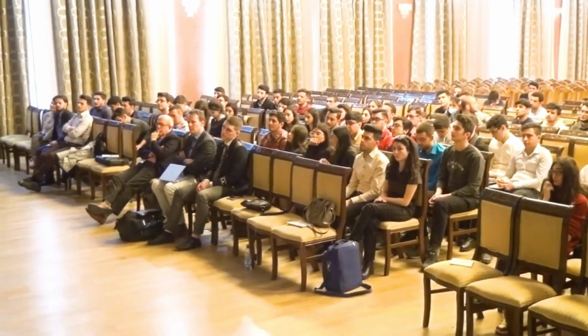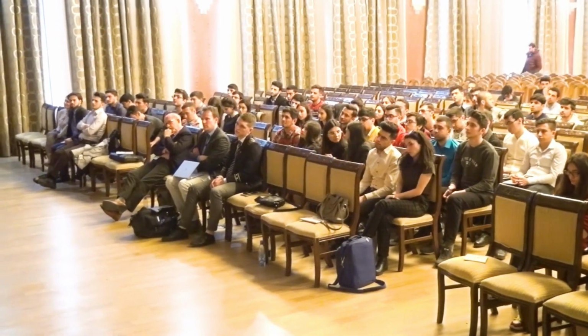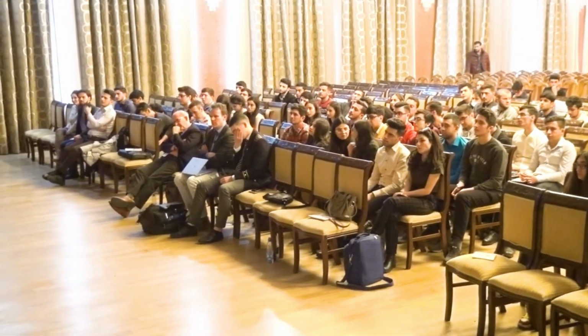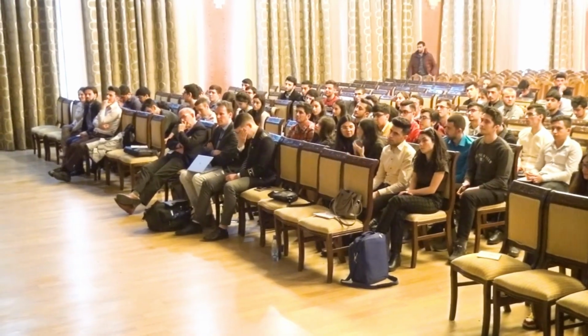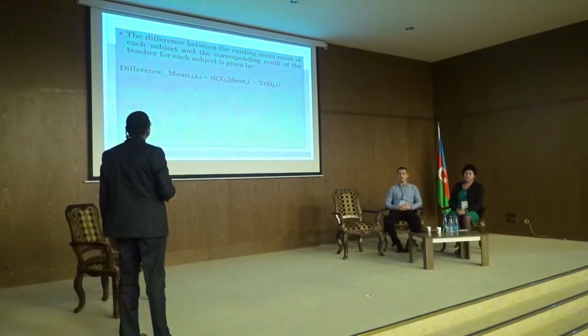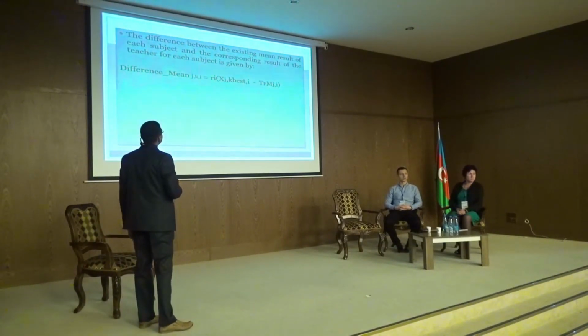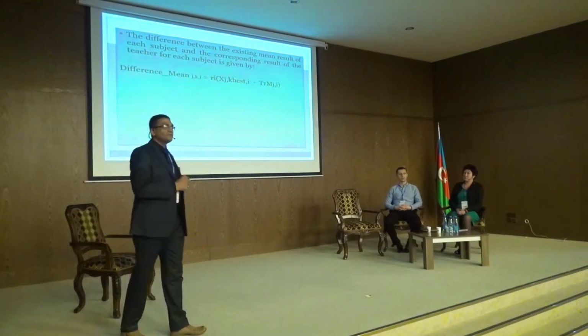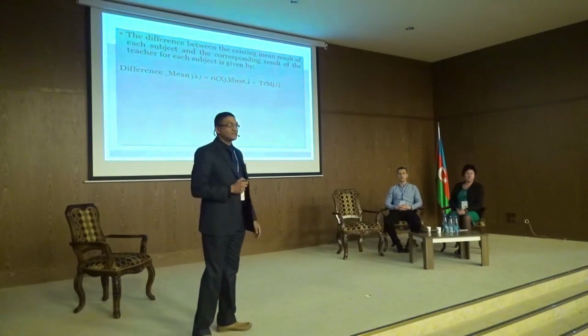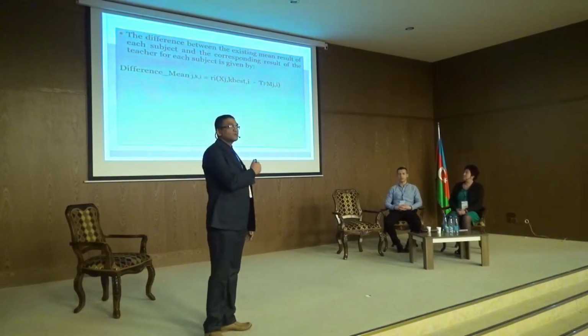So this is the key idea of getting the solution. What we are doing is finding the difference between the existing mean result of each subject and the corresponding result of the teacher for each subject. If you look at this formula, it actually provides training to the student, the learner, the element of the population.